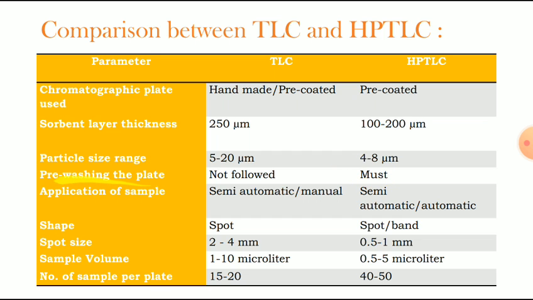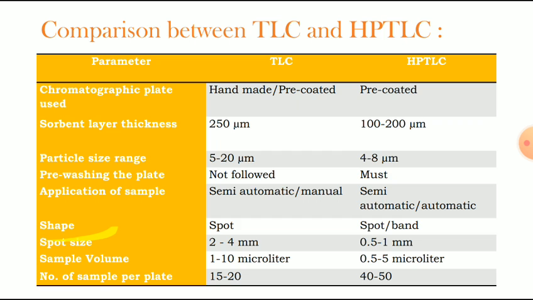Fifth parameter is application of the sample. In TLC, we can do the sample application semi-automatically or manually, but in HPTLC, semi-automatic or automatic application can be used.